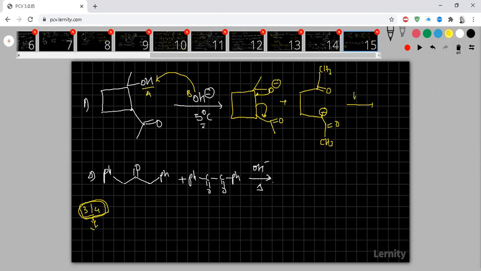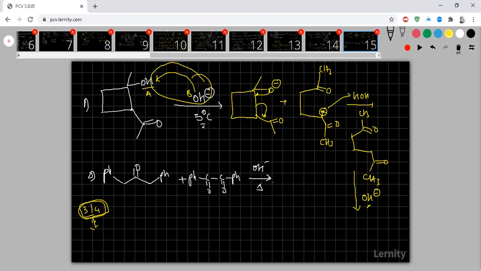So this can take the hydrogen from the water that is released here. In that case, we will get the neutral carbon. Now, is there any possibility for the aldol condensation?